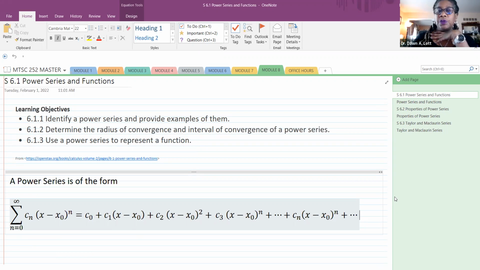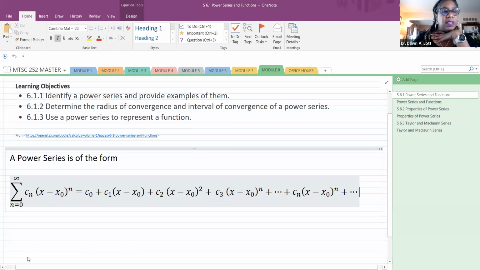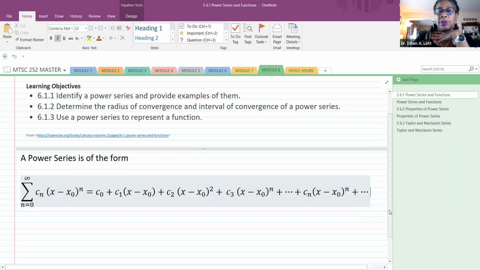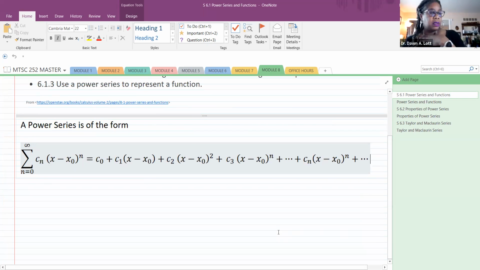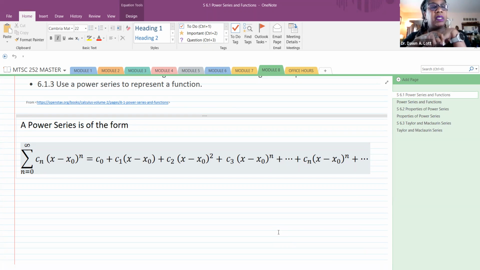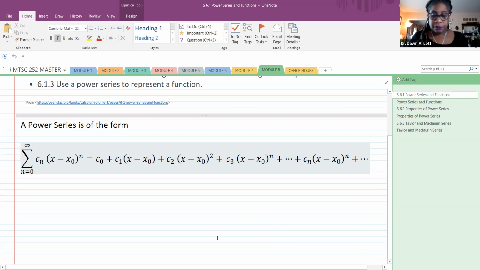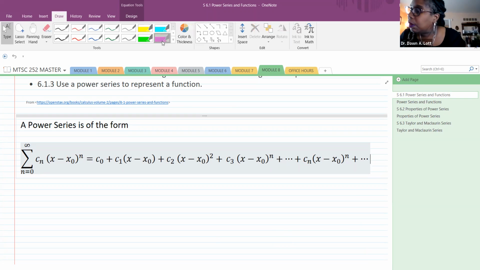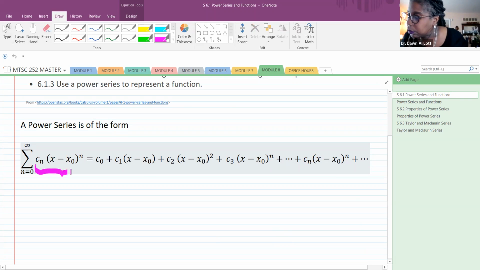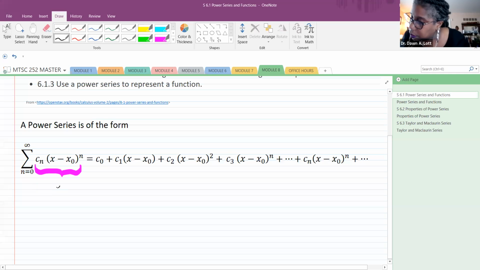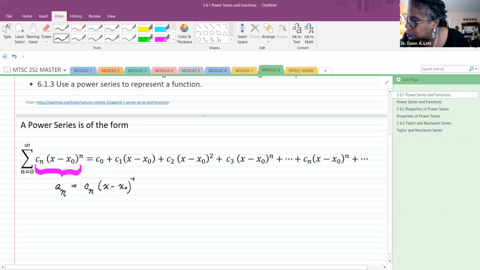Okay, so I'll give you a few seconds to write this down. This is the form of a power series. It is the sum n equals 0 to infinity of c_n times (x minus x_0) to the n. A couple things you need to know about this power series. The first thing is this whole thing is my a_n.